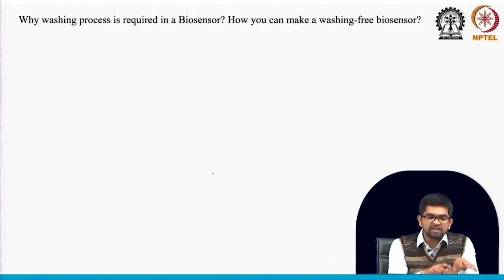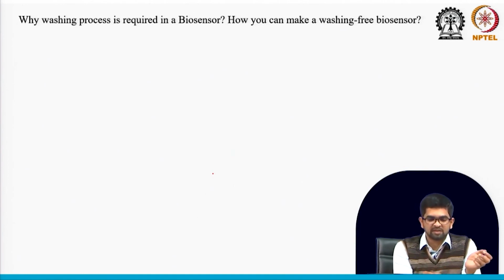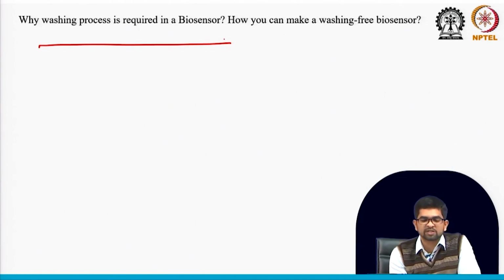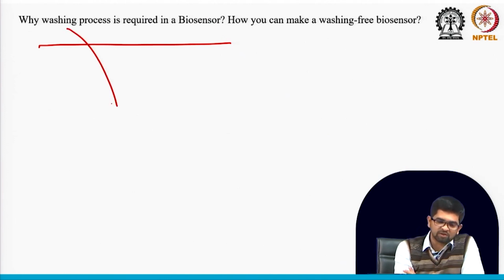Then the next question comes, and that is a very important question for your biosensing study. This kind of question may also come in the exam. Why is the washing process required? I think last time I also told you that the washing process is always required to eliminate the interfering species effect, right?